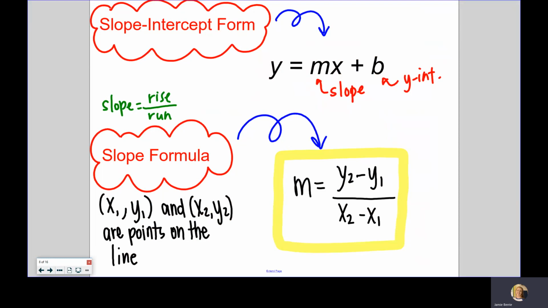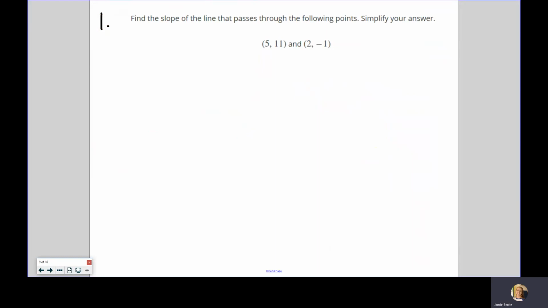All right, so let's look at an example using the slope formula. Number 1 says, find the slope of the line that passes through the following points. Simplify your answer. You may need to pause the video to give yourself a second to write this down.